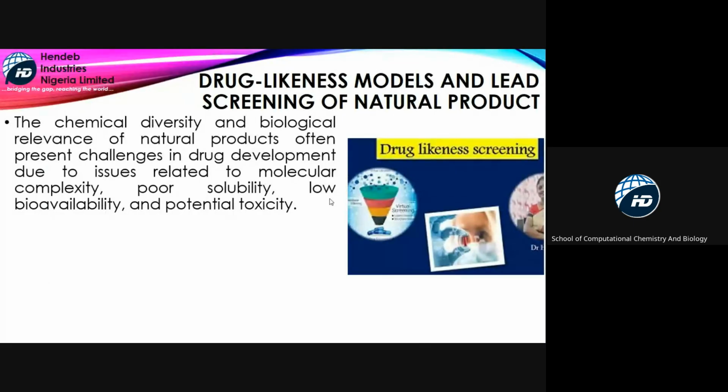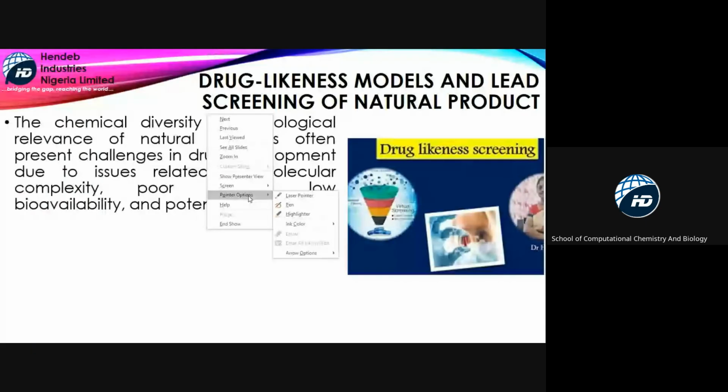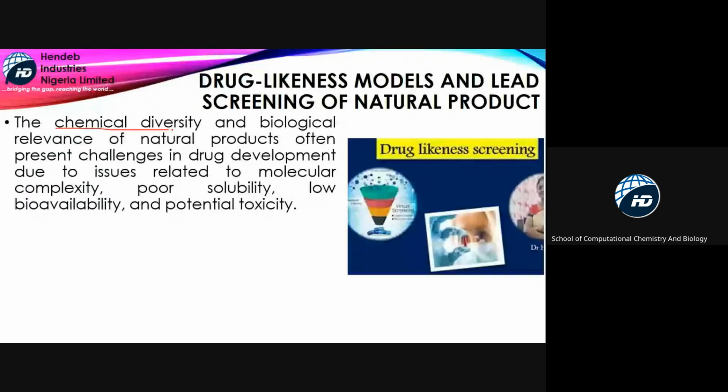Now, because of the chemical diversity and the biological relevance, natural products often present challenges in drug development. So let's take note of this. The chemical diversity, because you see that your plant has diverse chemicals.